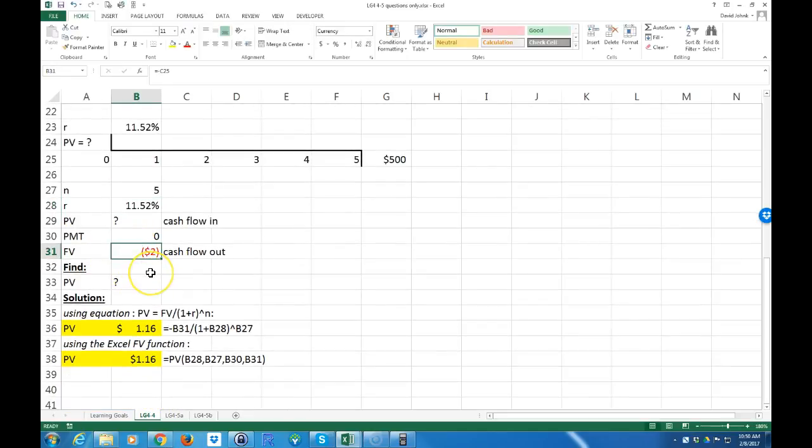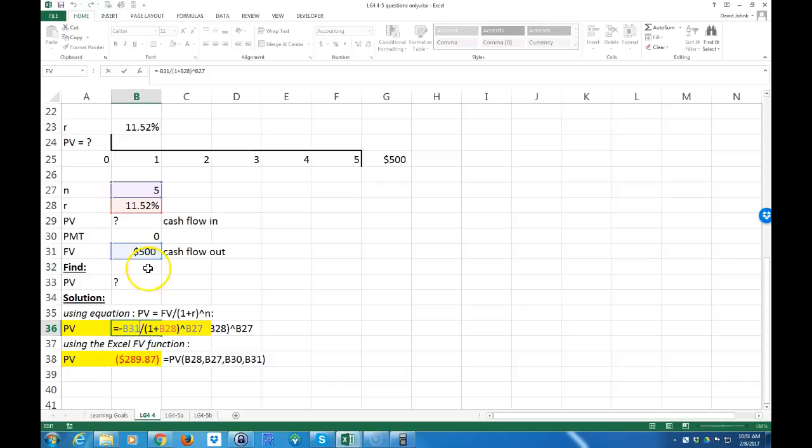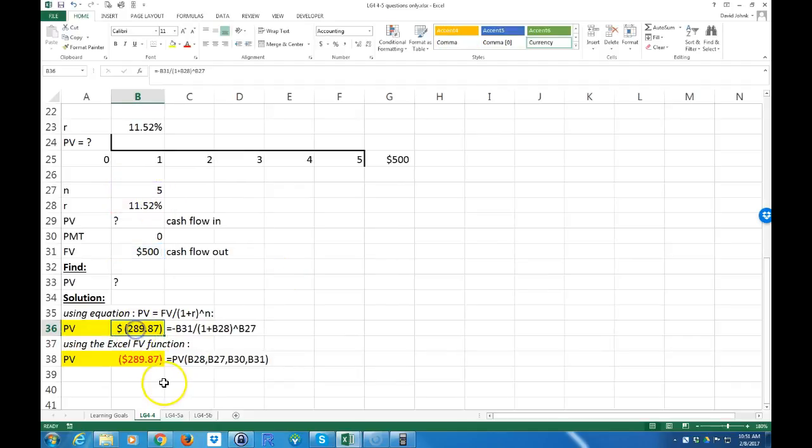The future value is equal to this 500, right? And then we can do this equation again. So it's a negative B31, that's right. 1 plus B28, that's right, to the B27, that's right. So $289. Okay.